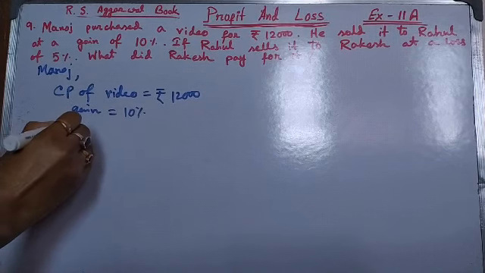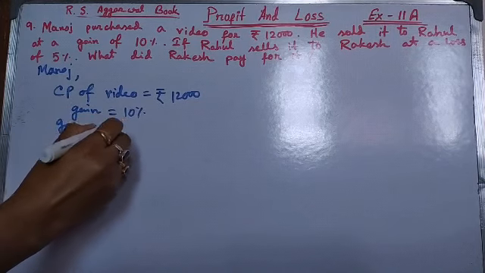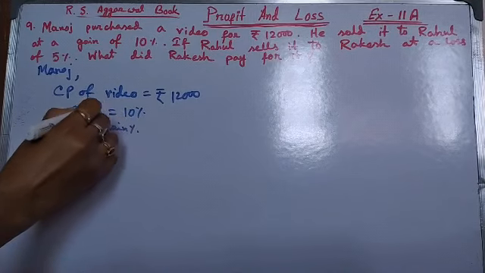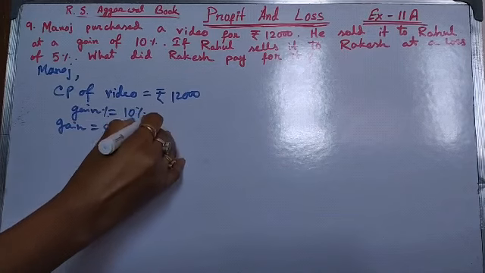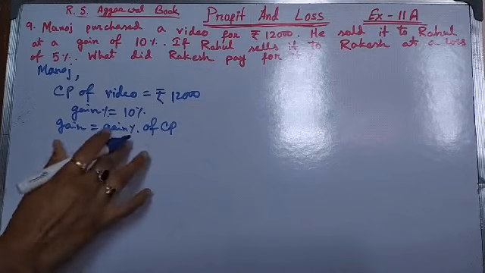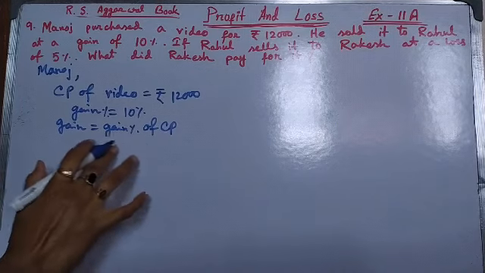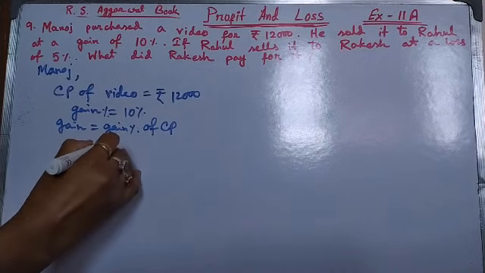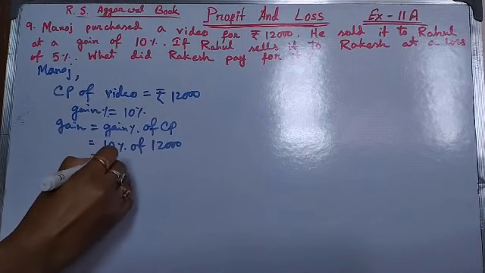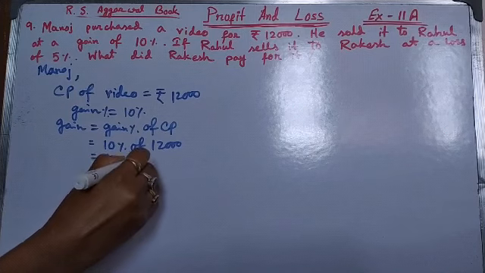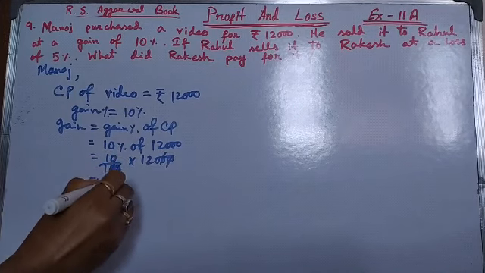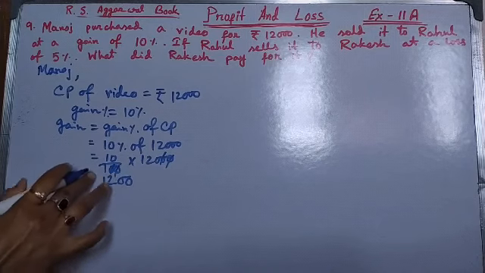So the actual gain, we have to find out first. That means gain percent of CP. Now we have to put the values. 10% of 12,000, that means 10 by 100 into 12,000. So this will be 1200.